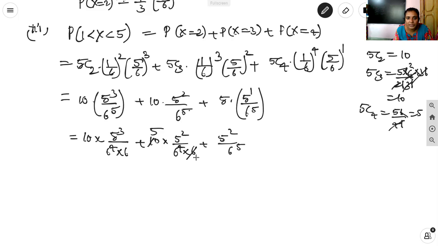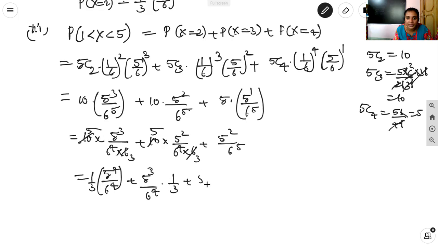It is equal to 5 power 4 by 6 power 4 plus 5 power 3 by 6 power 4 into 1 by 3, plus 5 square by 6 power 5.